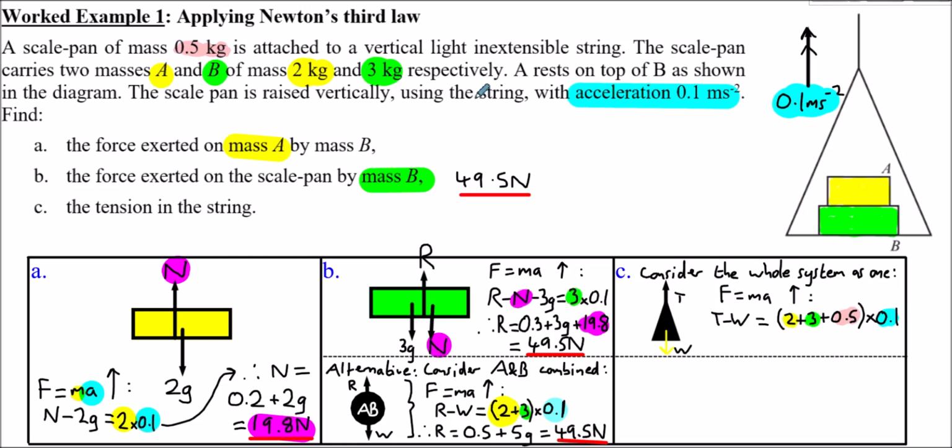So if we rearrange this now, so therefore T, all this added together is 5.5, okay? 5.5 multiplied by 0.1, that's 0.55.